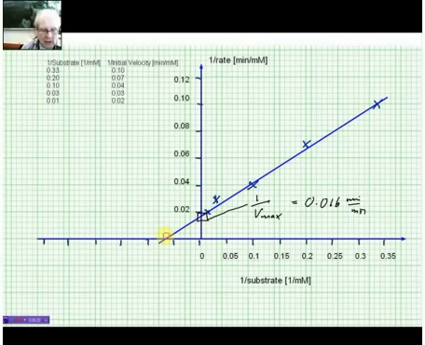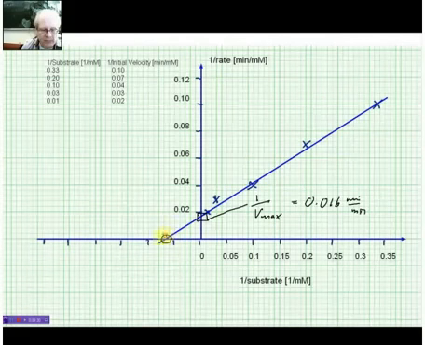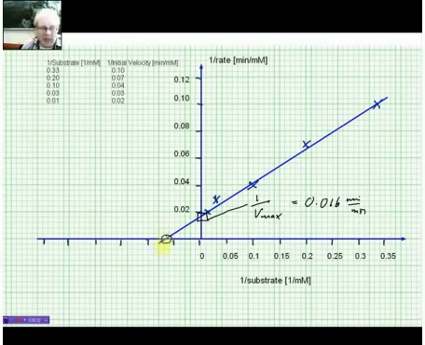Now this intercept here gives us minus 1 over Km. And again, it's not very easy to read this, so that's 0.05, minus 0.05, minus 0.1.